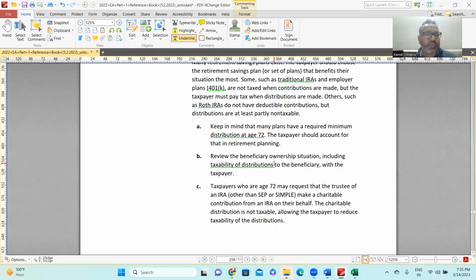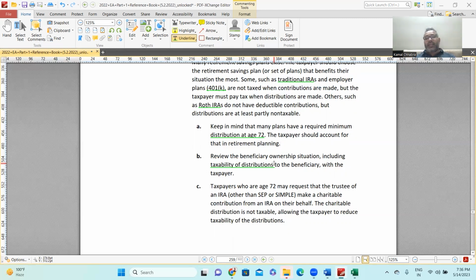Some distributions are not taxable, as we have discussed earlier. If you are taking an early withdrawal for a medical reason or for qualified education expenses, then those are not considered taxable income, and no additional taxes or penalty are levied on them. You should consider all these things when choosing the plans.